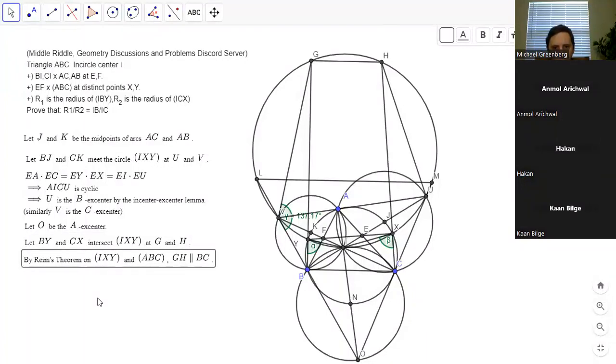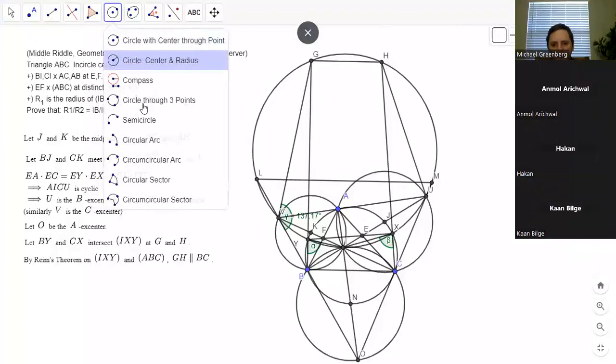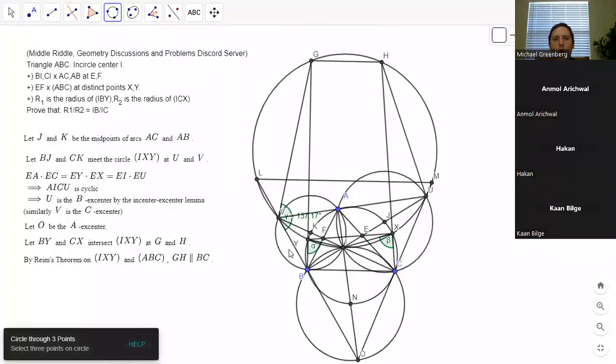And is LM parallel to BC? Is that also obvious? Yeah, because VUBC is concyclic, because angle VBU equals angle VCU equals 90. So again it's Reim's theorem.